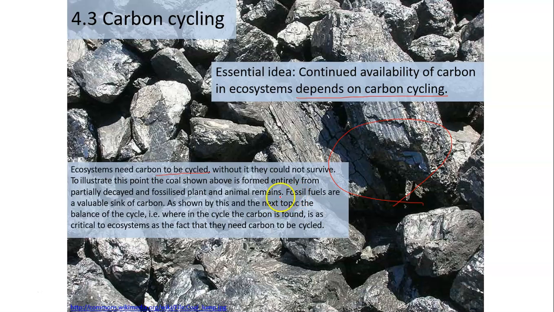Carbon cycling shows that the fossilized and decayed animals will remain until they become fossil fuels, and right now this is the energy source of our entire Earth. One of the most important energy sources is fossil fuels. We will learn in this lesson how fossil fuels are formed as well.